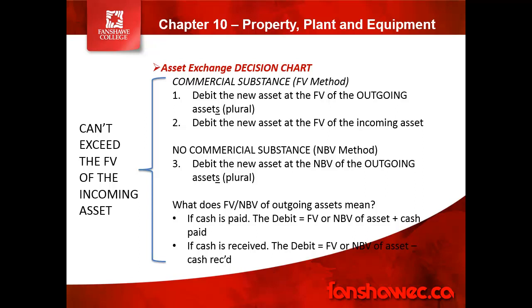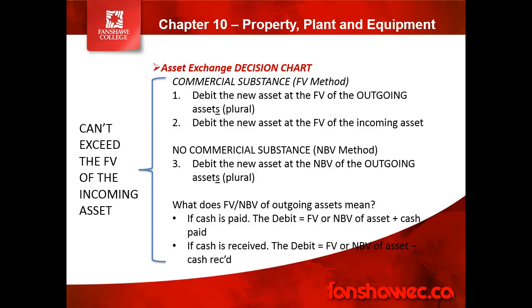If you pay cash, the debit to the new asset is going to be the fair value or net book value of the physical asset, depending on whether there's commercial substance or no commercial substance, plus the cash that you paid out.